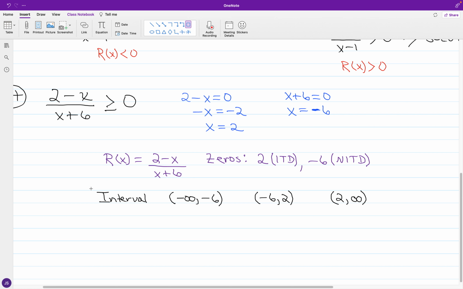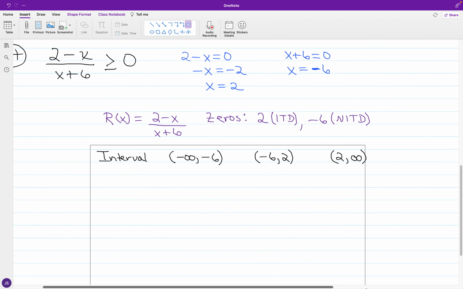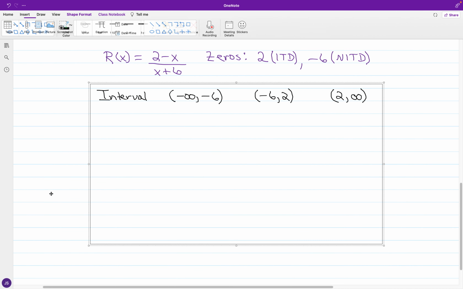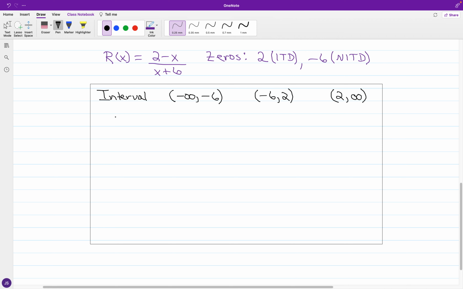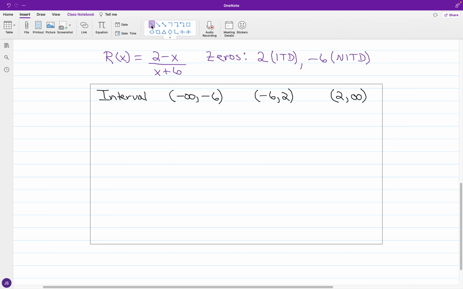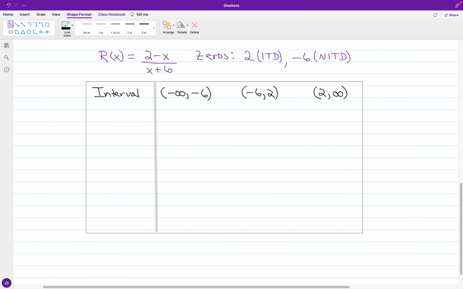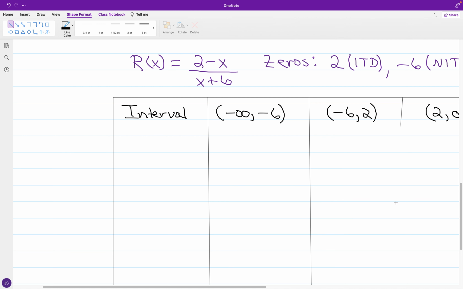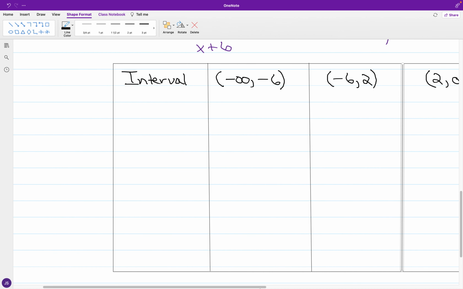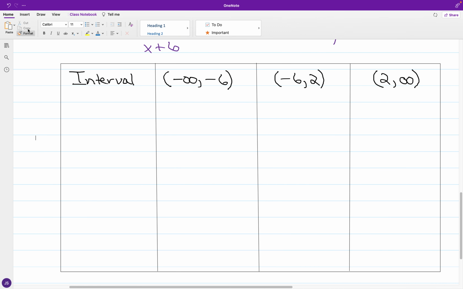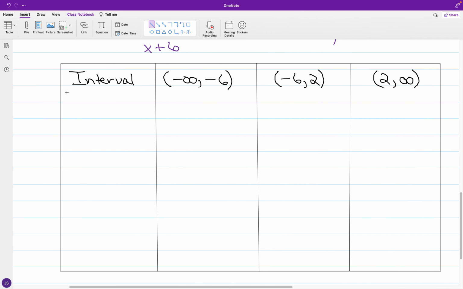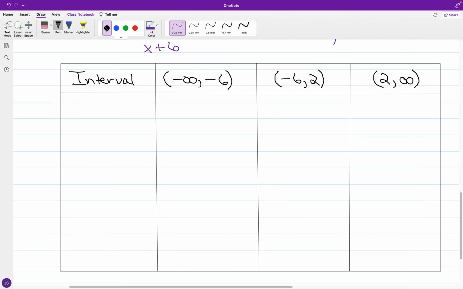Okay, so once again, after setting up the intervals, we can apply test values for the input.